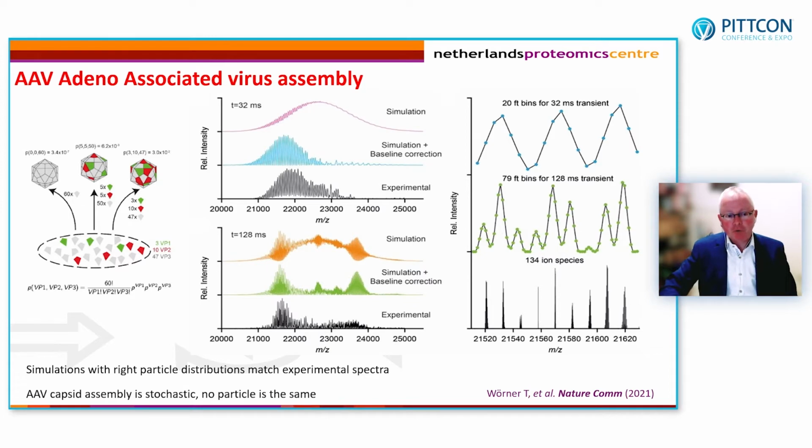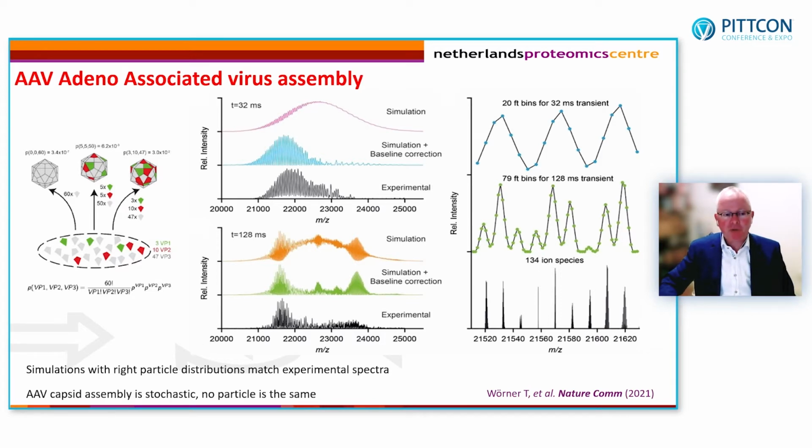Now, what we started to do is we first said, let's assume that the assembly is just stochastic. And then you can say, okay, if I have so much VP1, VP2, and VP3 protein in my cell, I start to assemble these capsid particles. Then there are all kinds of probabilities. There's a probability that I only get 60 times VP3.